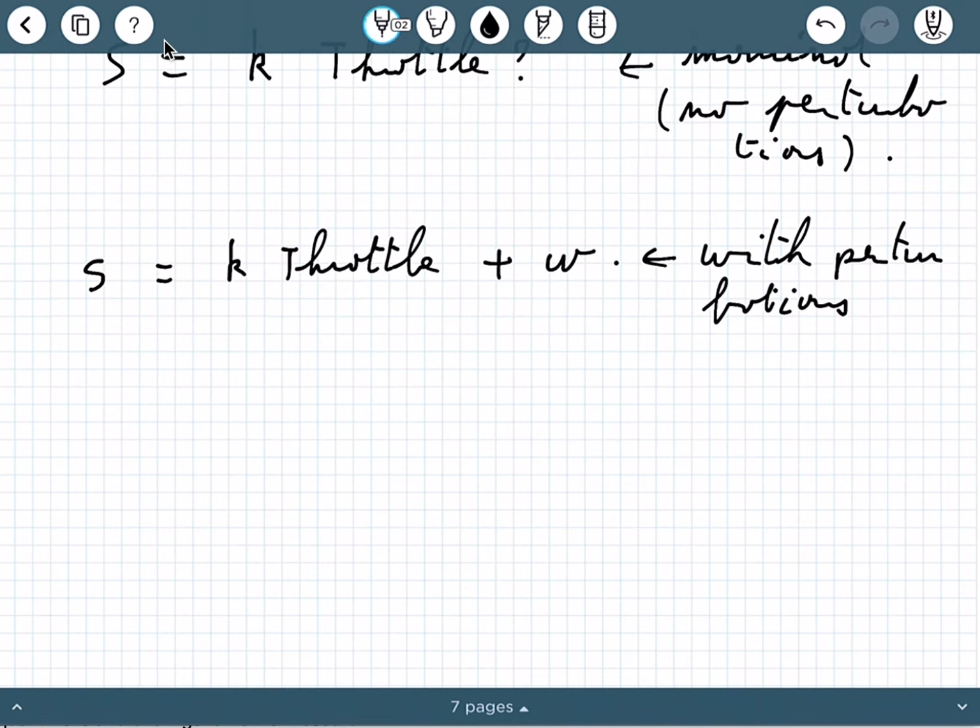Then we can write that the feedback loop works as follows.